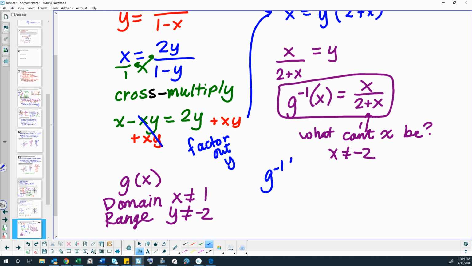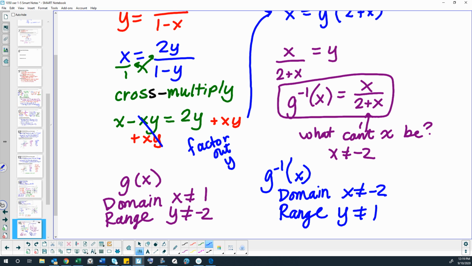For the inverse of g, the domain is x cannot equal negative 2, and the range is y cannot equal 1. Because they're inverses, the domain and range trade. The numbers are the same, but the x's and y's are traded.